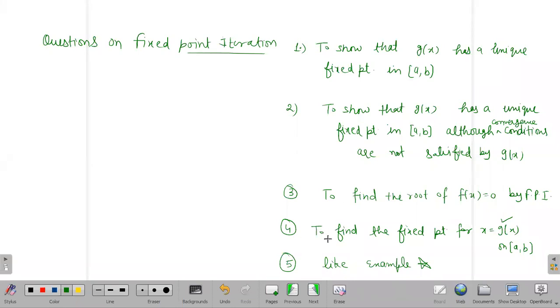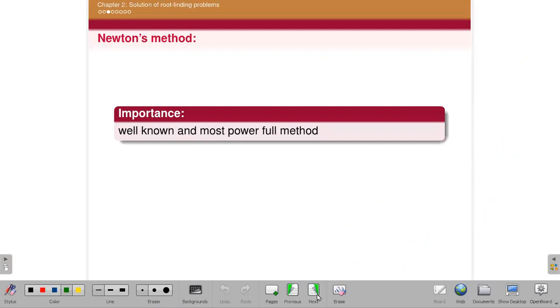So let us come to the another method, that is Newton method, next method. Newton's method. So actually Newton method is the most powerful method. Powerful in which sense? It is converging to the root. This is also a numerical method. In the bisection you have already done bisection method, you have already done fixed point iteration. So in both the methods you got the sequence and the convergence sequence, and that converges to your root of the equation.